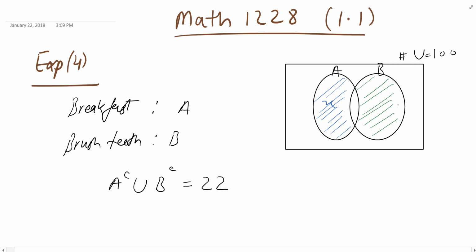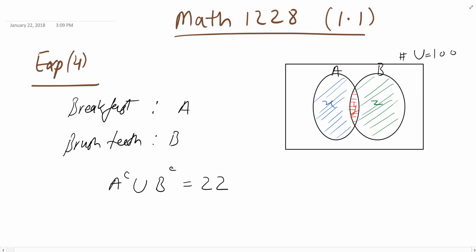These guys are only cleaning their teeth but not having breakfast. Let me call it Z, as they also drew here. So I'm gonna use the same symbols so that it's easier for you to follow. And these are good students. They're having both of them. And so that's variable Y.